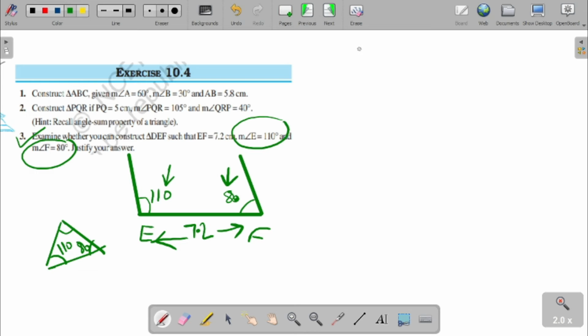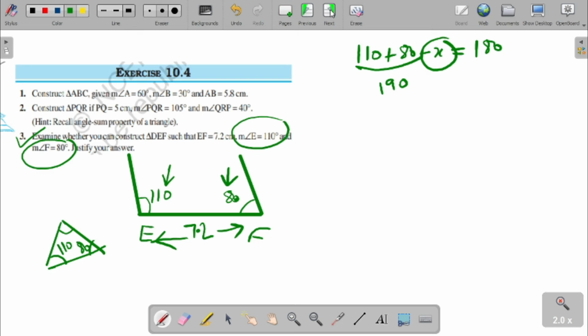As we know, 110 plus 80 plus the third angle must sum to 180. But you can see the sum of these two is 190, which is more than 180. So this angle is not possible. That's why they never meet. So construction of question number 3 is not possible. So this is about question number 3.